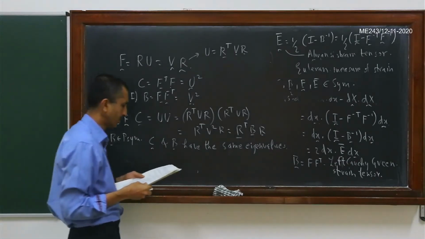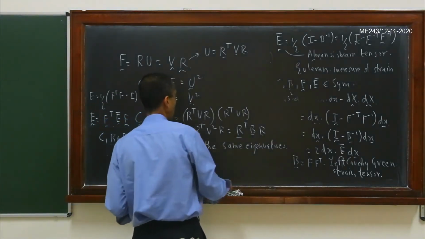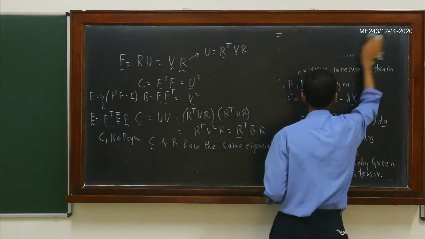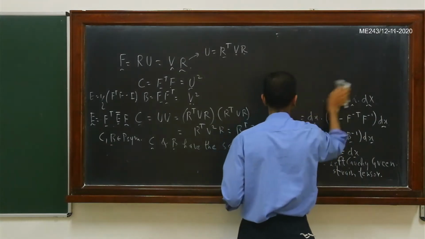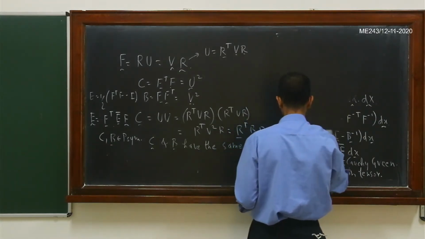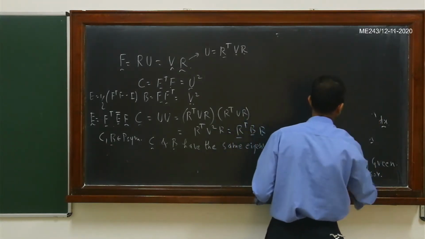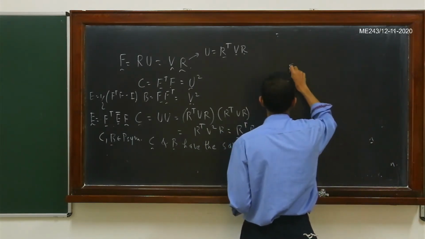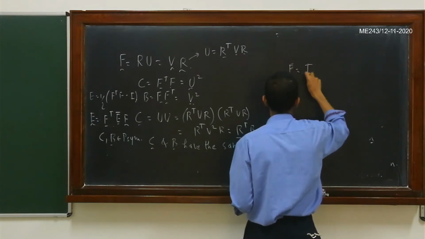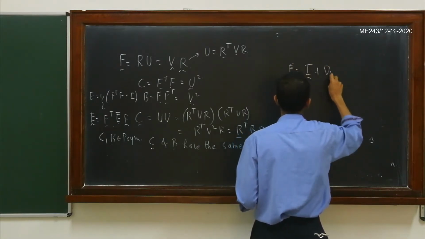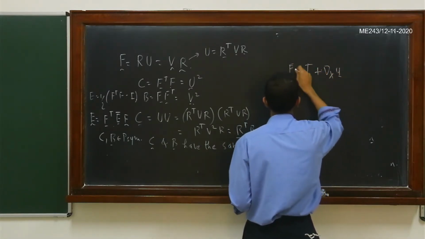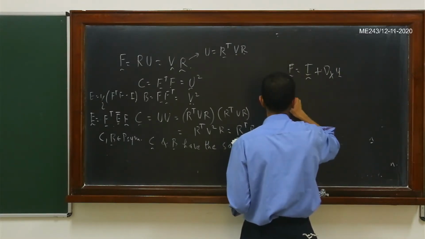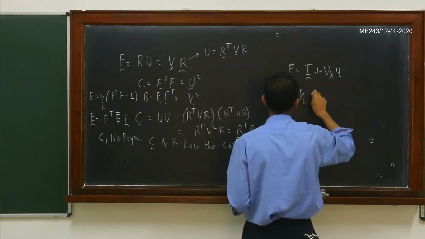Okay, so fine. How do we write the Lagrangian measure of strain in terms of the displacement gradient? We have the relation that F is equal to I plus del U. So we can write the relation for E in terms of the displacement gradient.